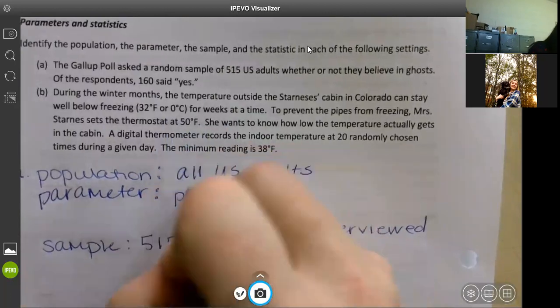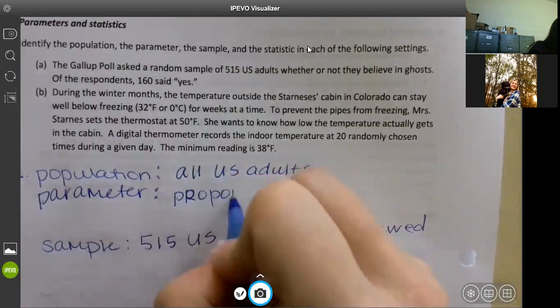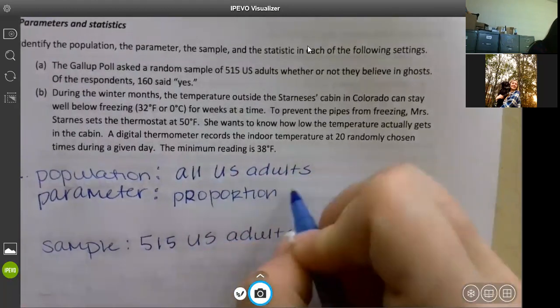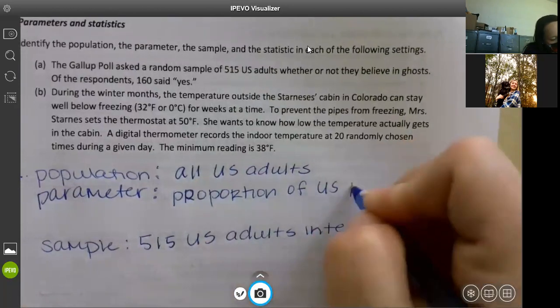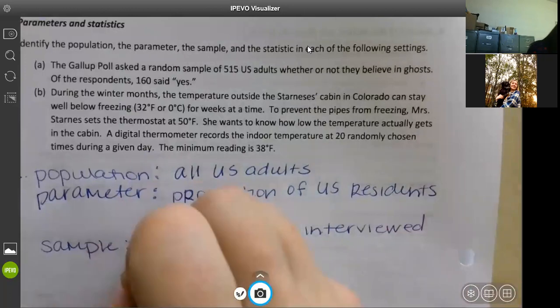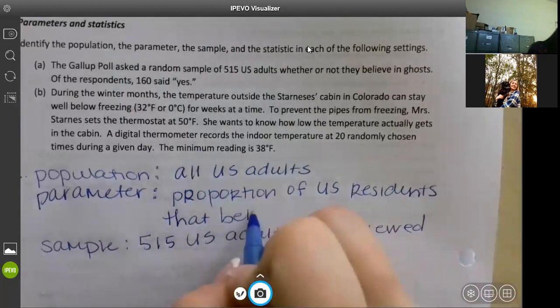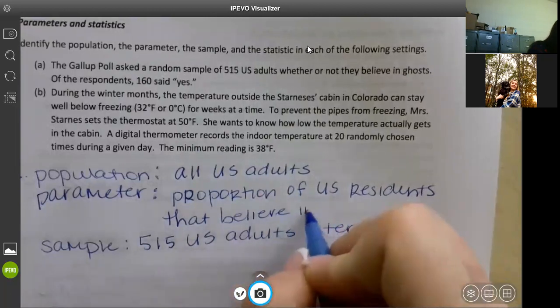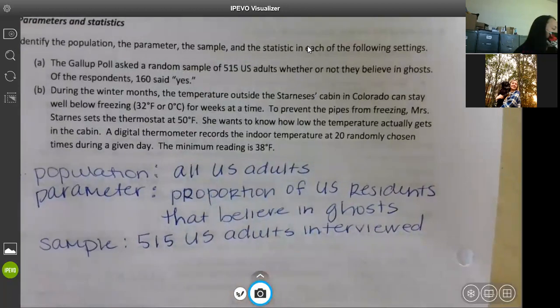We were looking for, that should say proportion, sorry, the proportion of U.S. residents that believe in ghosts.